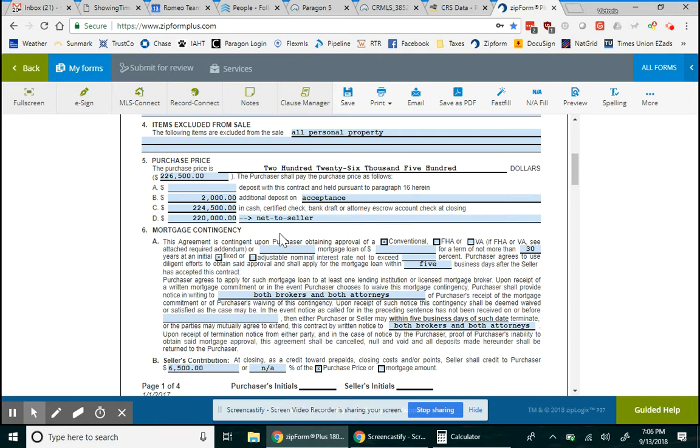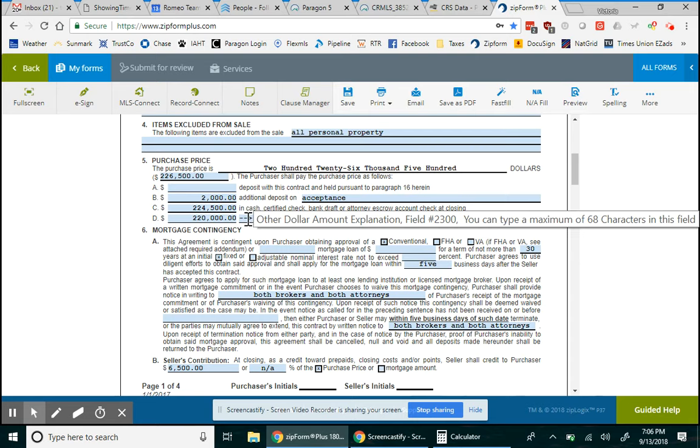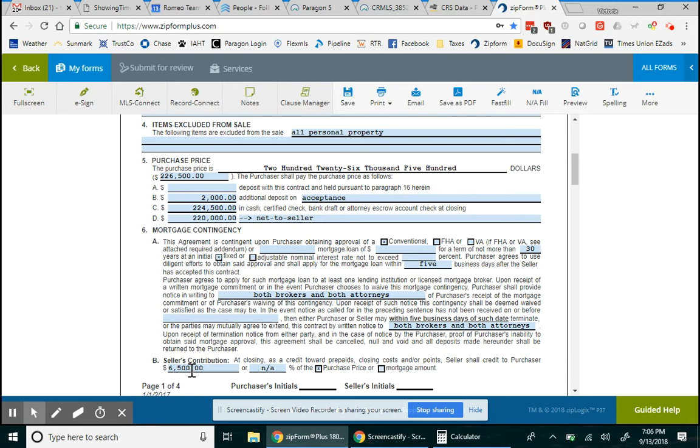Now it's really clear. When a seller sees this, they know exactly what's going on. Buyer's offering 226.5 with a $2,000 deposit, and they see line D says $220,000 net to seller. Why? Jump down here, because they're asking for a $6,500 seller concession.